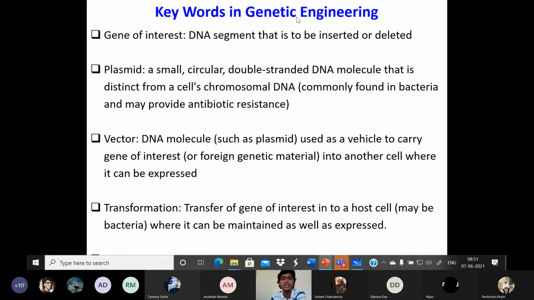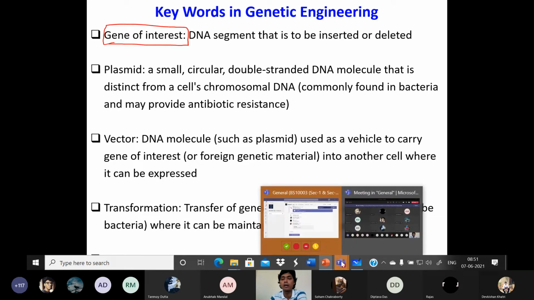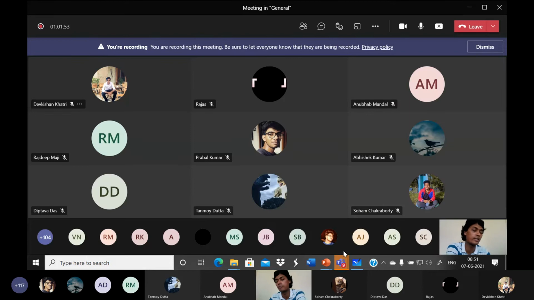Keywords in genetic engineering. Some of the important things you have to understand. The first thing is gene of interest. Say, for example, you are interested in some biological project and you are working in my lab, and I tell you, make this protein and we would like to test its functional or enzymatic activity, some particular protein.